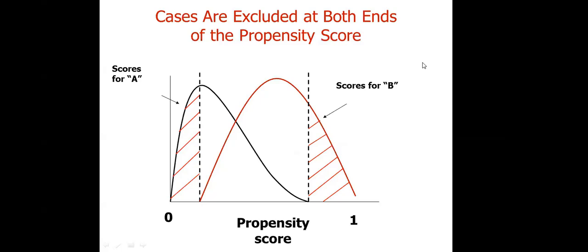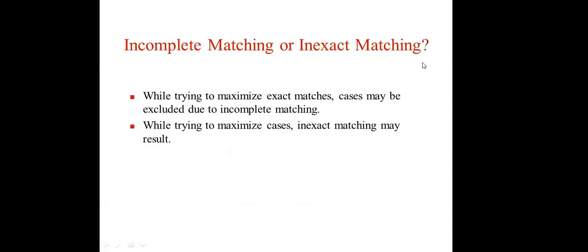So in this example, again, if you did matching, instead of nearest neighbor matching, you did some caliper matching where the patient had to be within a certain range of another patient to be matched. Probably most of those people in the shaded areas would not be matched. You would lose them for the analysis. And this basically always happens when you do matching with propensity analysis. It's just one of those things.